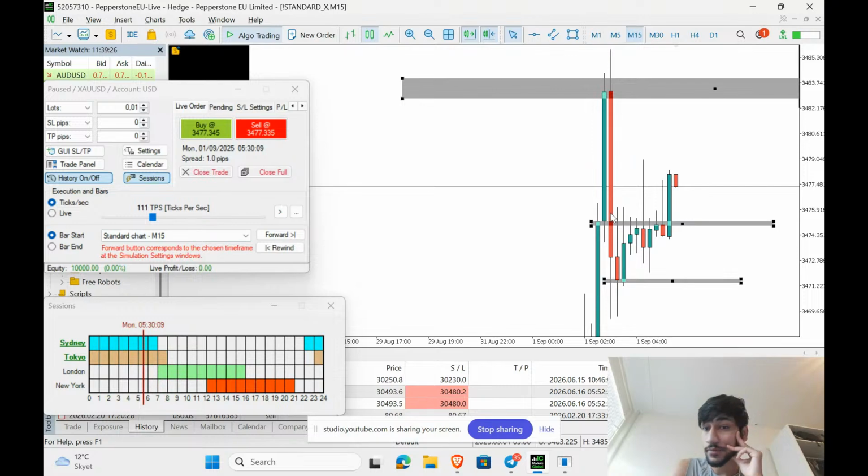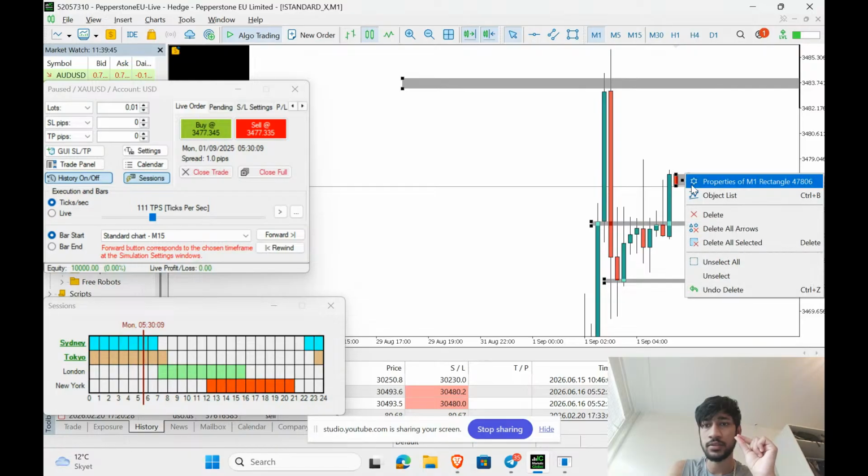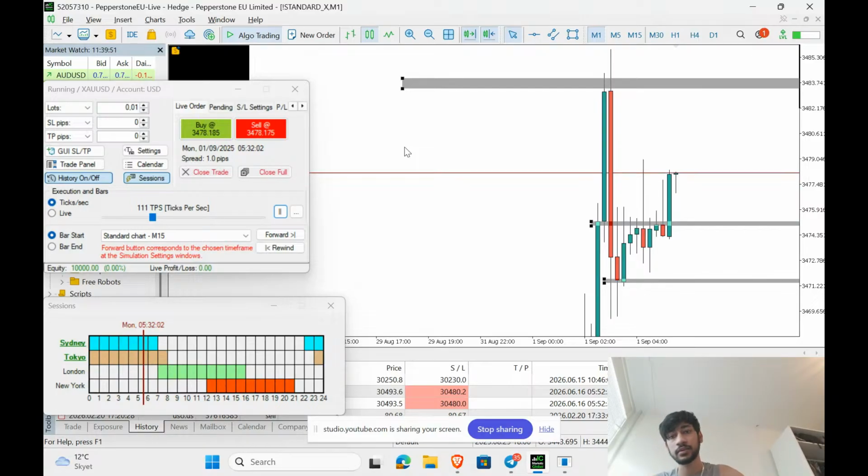So now what would be the ideal scenario that I would be waiting for to take a good buy? I would be waiting for this candle to form something like a small doji with very little to no wick at the upside, and that would be a buy scenario for me.